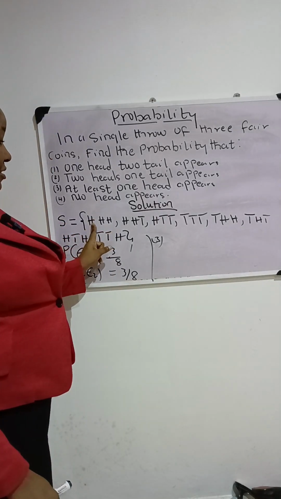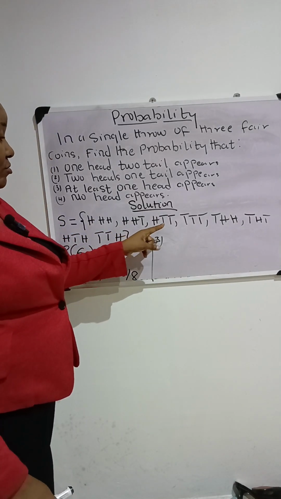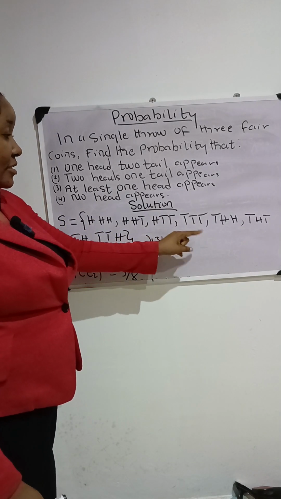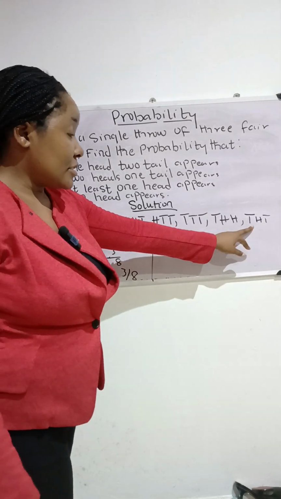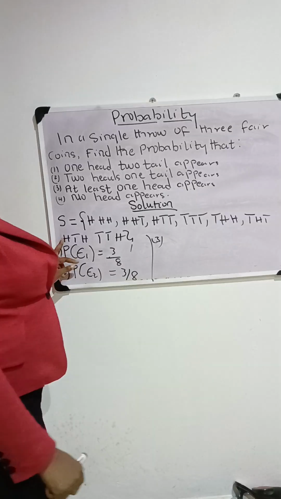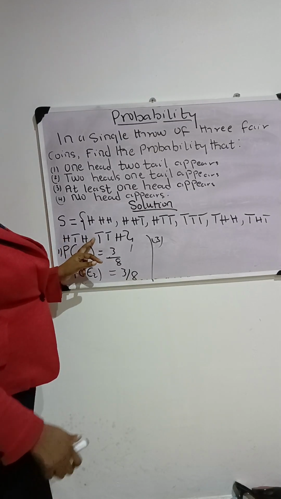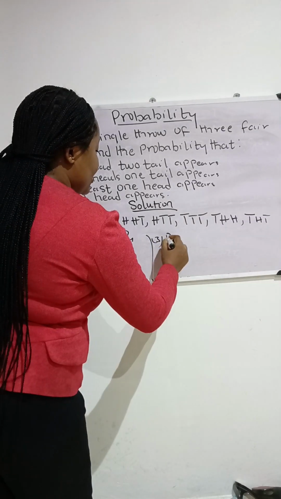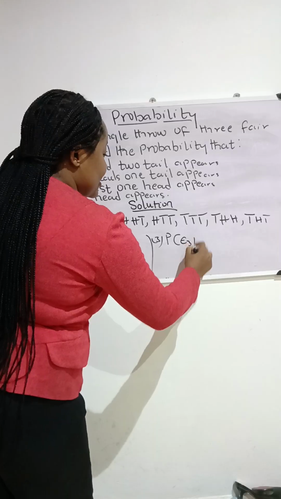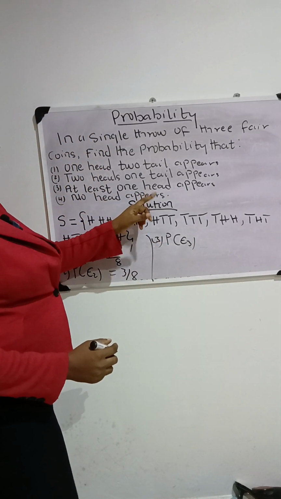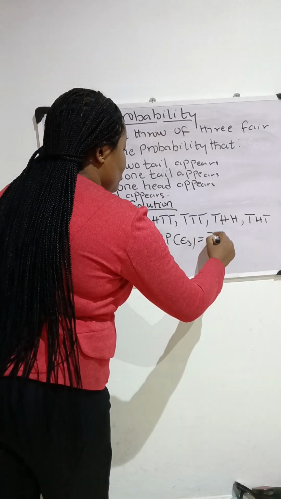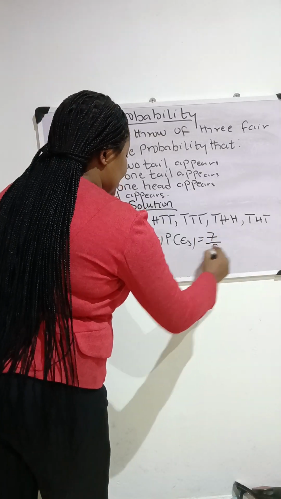So there are heads here 1, there are heads here 2, there's a head here 3, there's no head here, so we'll not count it. There are heads here 4, there's a head here 5, there are heads here 6, and there's a head here 7. So the probability of the event E3, where E3 represents the event that at least one head appears, is equal to 7 all over 8.